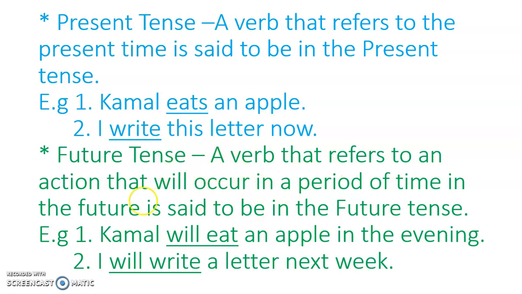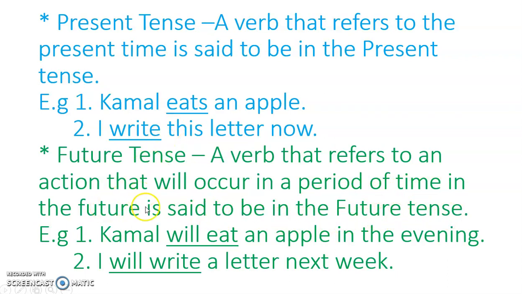Such a word is called as future tense, the action that will be performed later on. It is a verb that refers to an action that is yet to happen. It has not happened. It's about to happen in the period of time. Period of time means maybe after 1 hour, after 1 month. So, period of time in the future is said to be in the future tense.